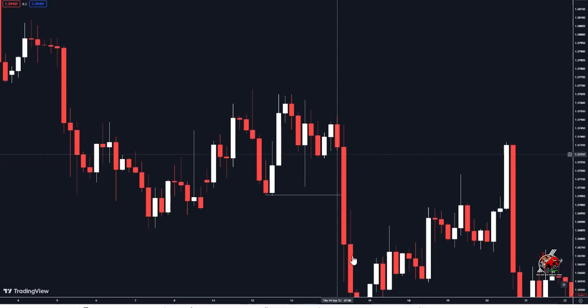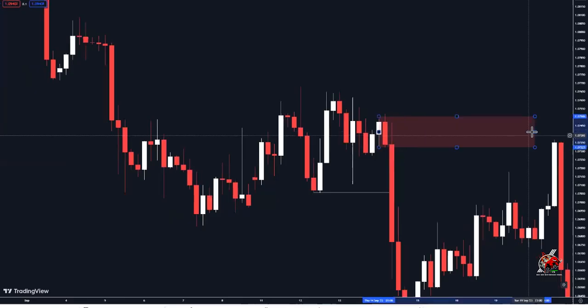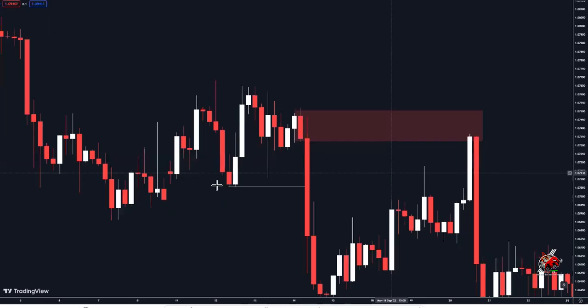So here the market expanded to the downside. So this is our break of structure to the downside, right? And then this is the order block that we're marking within that break of structure, within that consolidation phase. We don't actually mark the whole consolidation and take it as our supply.